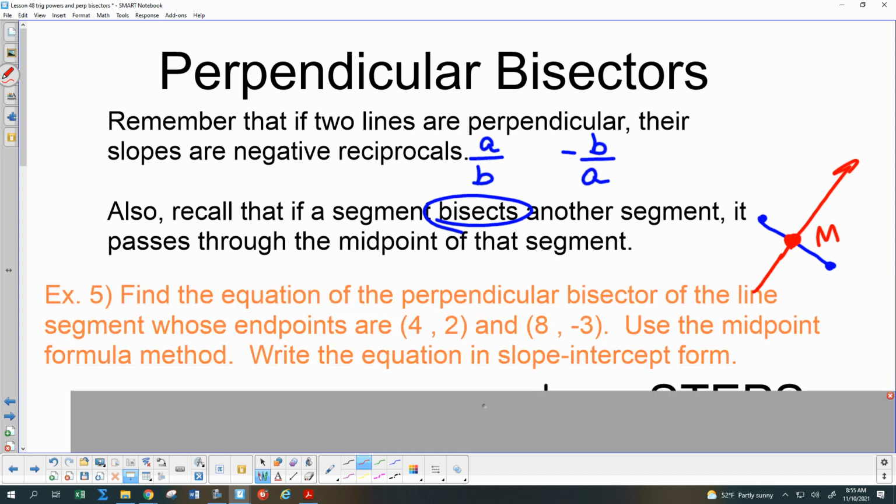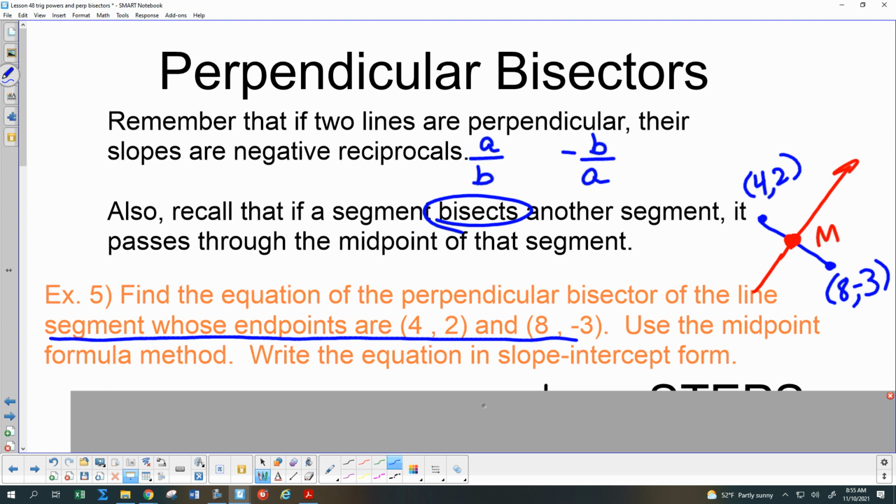You are going to start seeing problems that say find the equation of the perpendicular bisector of the line segment whose endpoints are 4, 2, and 8, negative 3. So maybe I start off with 4, 2, and 8, negative 3. And it says the segment whose endpoints are those.